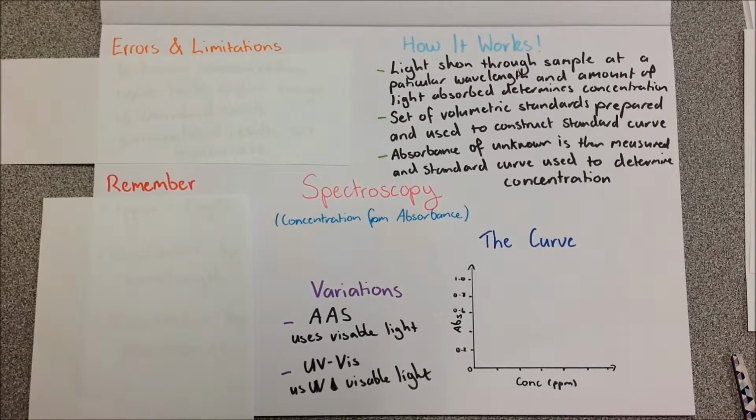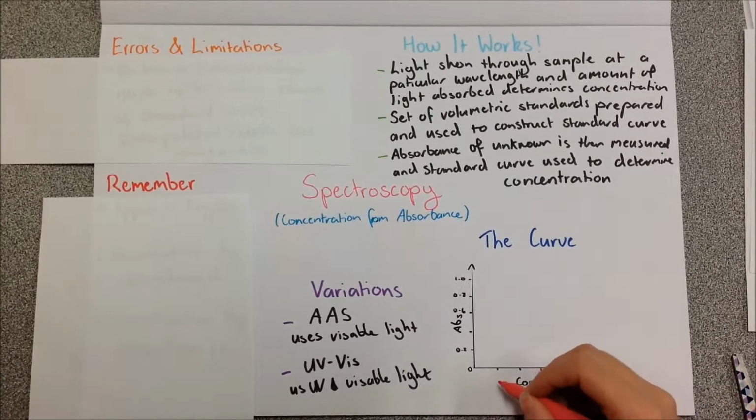The next thing we need to do is create a set of volumetric standards that are solutions of known concentration and use them to construct a standard curve. So, for example, we were trying to determine the phosphate content of a particular solution. And so what we did is we made up solutions of known concentration.